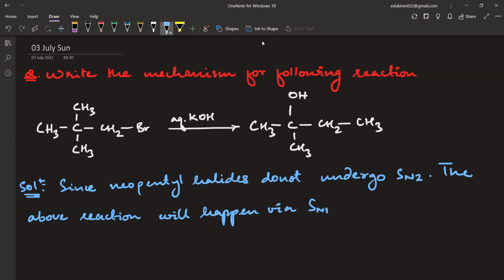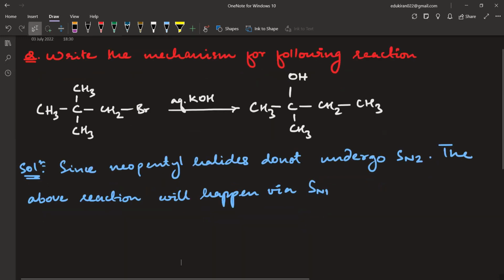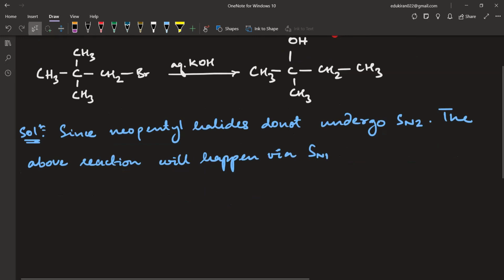What happens in SN1? SN1 mein first step is what? The first step in SN1 is the formation of carbocation.